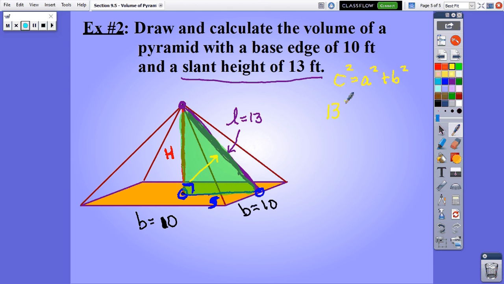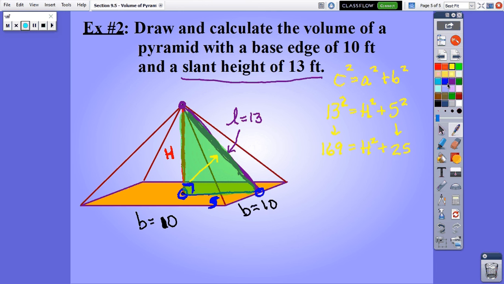So this will be 13 squared equals, and then the a and the b, it really didn't matter, but the a and the b are going to be the h and the 5. So maybe I call the h the a. So I've got h squared plus b squared, which will be 5 squared. So 13 squared is 169 equals h squared, don't know what that is yet, plus 5 squared is 25.